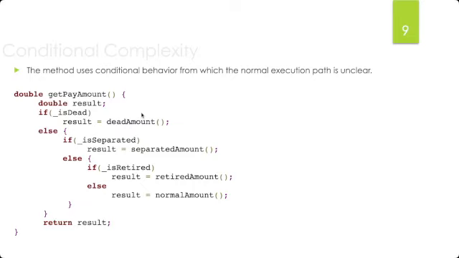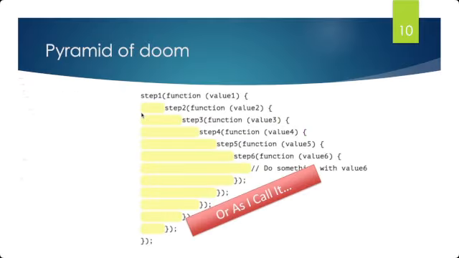The next little example of conditional complexity. Here we have some complex code. It's hard to understand when we will go out from this code, and maybe you know such a term as pyramid of doom.